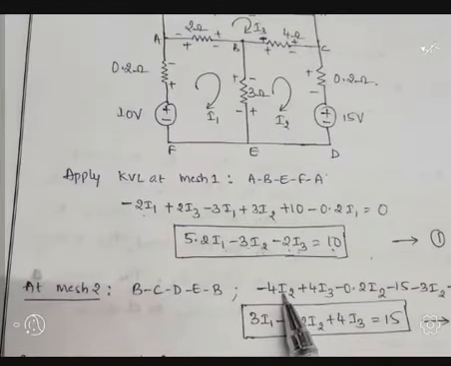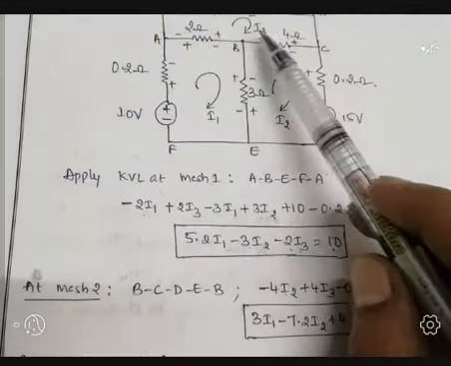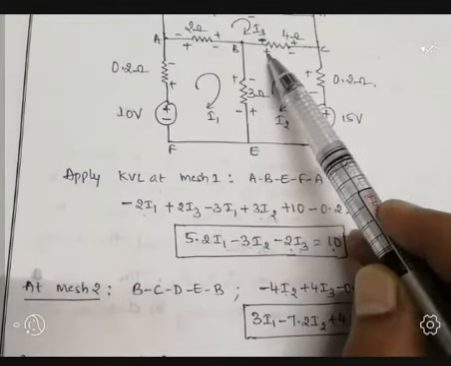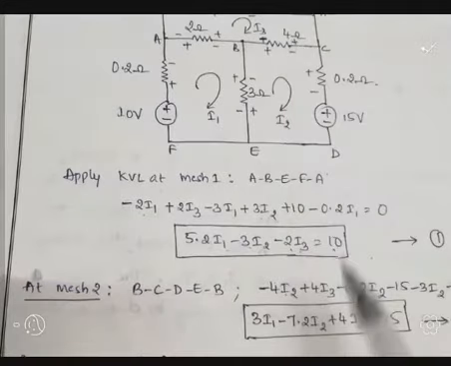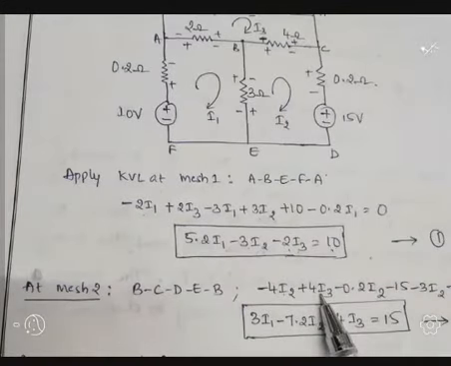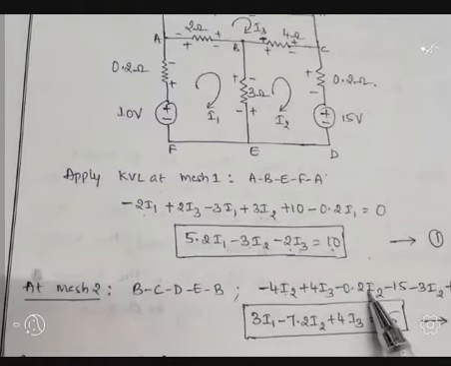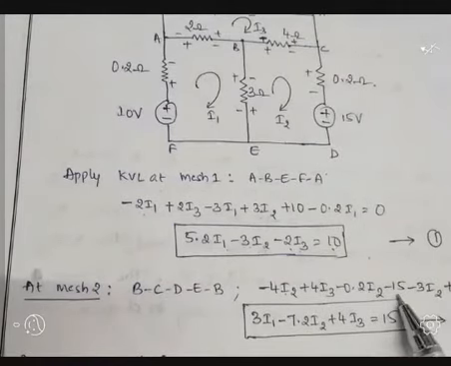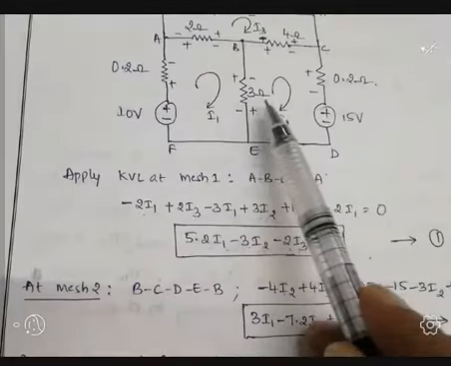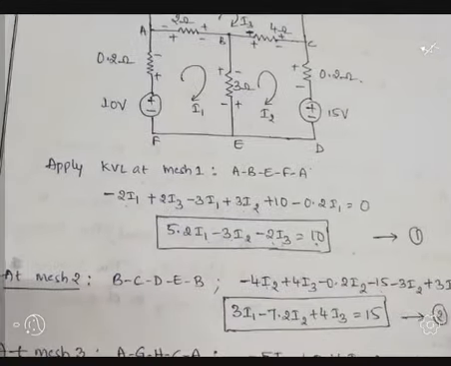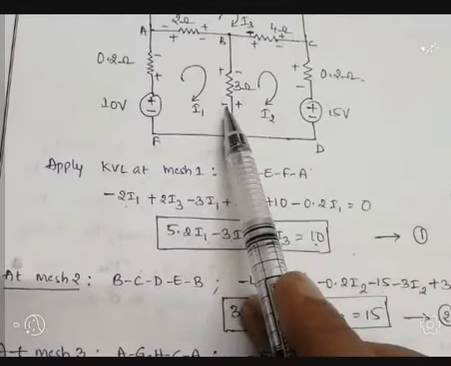In the same branch, one more current is flowing, that is I3. The head of this I3 current is pointing towards plus, hence it becomes plus 4I3. Coming to here, minus 0.2I2 minus 15. Next here, minus 3I2, and in the same branch, one more current is flowing, that is current I1.